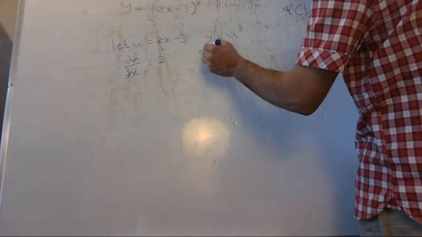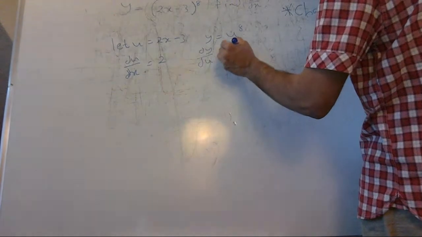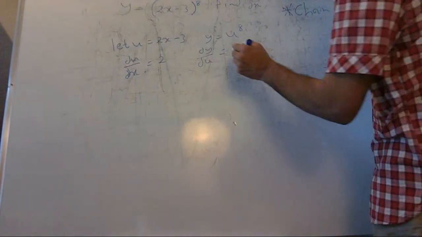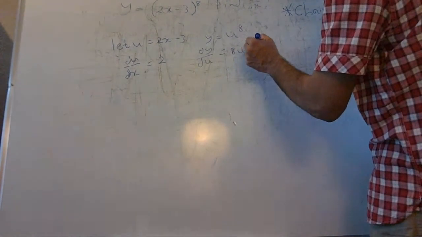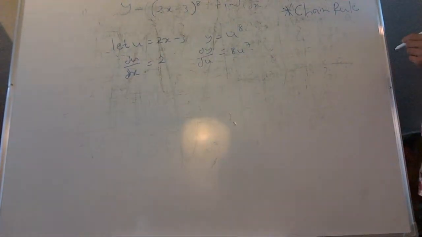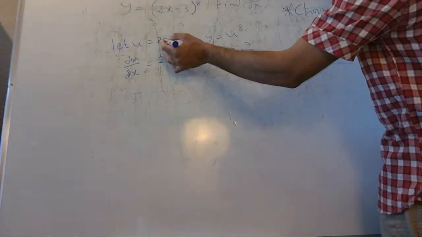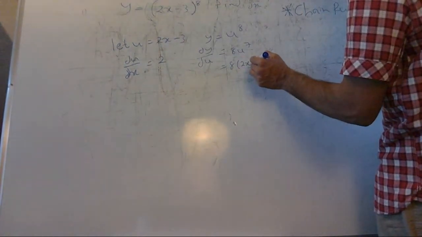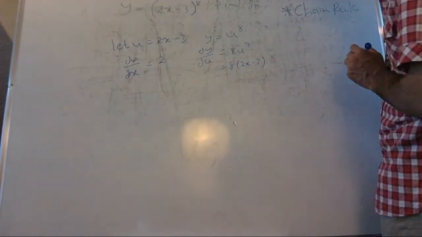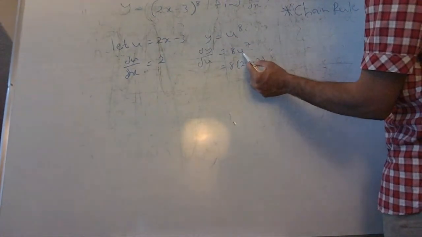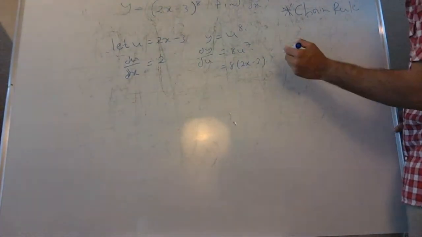So now dy du, I'm differentiating y with respect to u, so that will be 8u to the 7. Now that's the same as 8 times, instead of u, I can put the value of u in terms of x, which is 2x minus 3. Remember, u is equal to 2x minus 3, so instead of u here I can write 2x minus 3 to the 7.